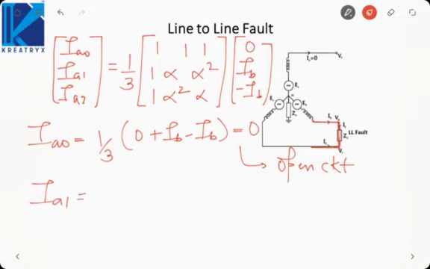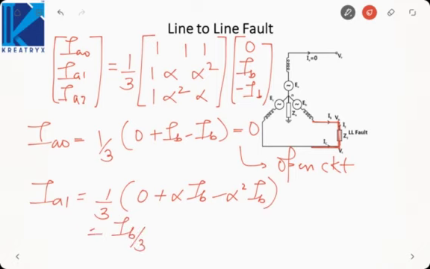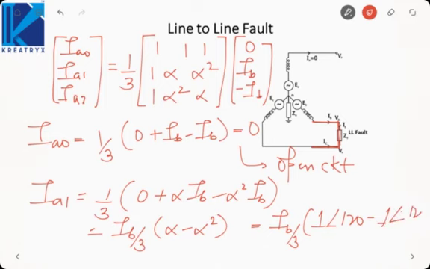What about IA1? It will be 1 by 3 times 0 plus alpha IB minus alpha square IB, that is IB by 3 times alpha minus alpha square. Now alpha was equal to 1 angle 120, and alpha square is 1 angle minus 120.